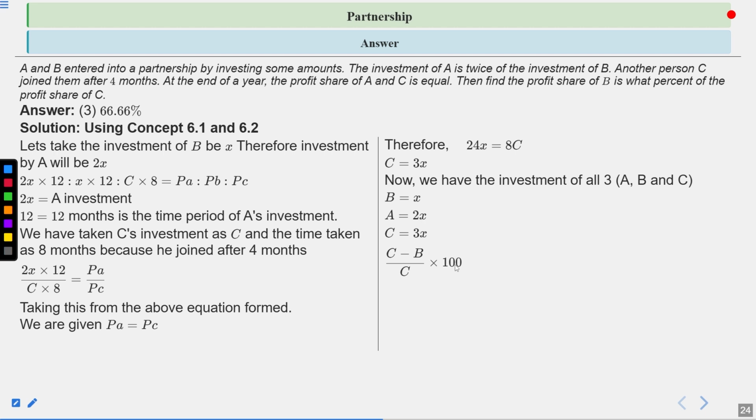C minus B upon C multiplying by 100. We know that the share of B is x and the share of C is 3x. So 3x minus x upon 3x multiplying by 100. So we get 2x upon 3x multiplying by 100. When we simplify it, we get 66.66%. So the third one is the correct answer of this question. Next one.